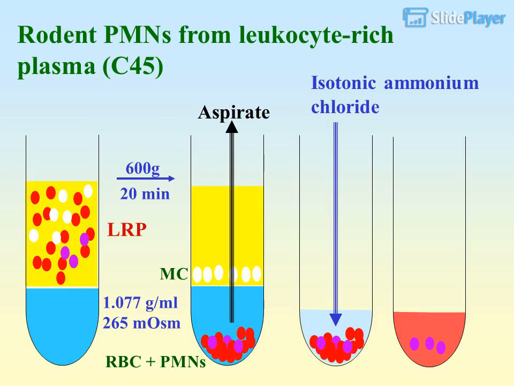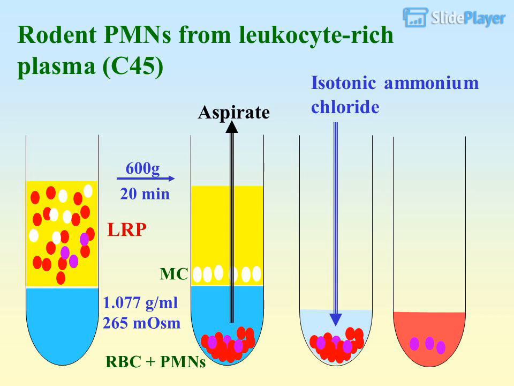Rodent PMNs from leukocyte-rich plasma, C45. Isotonic ammonium chloride. Aspirate. 1.077 grams/ml, 265 mOsm. LRP, MC, RBC plus PMNs. 600 g, 20 minutes.